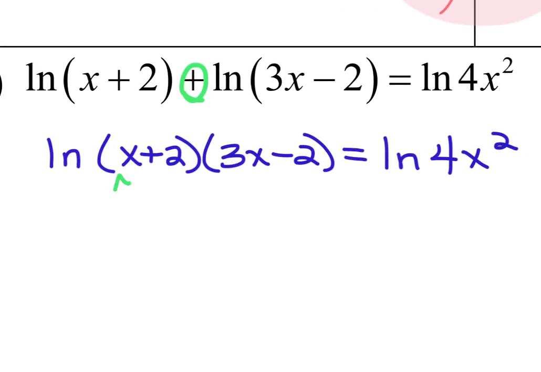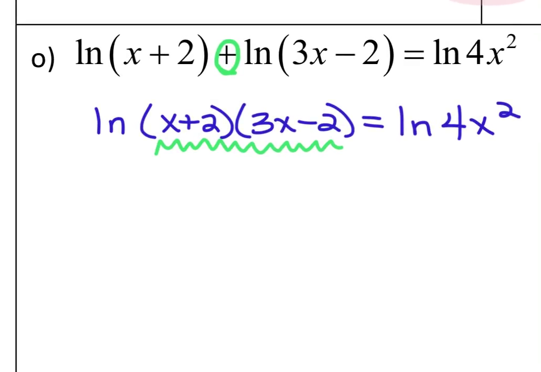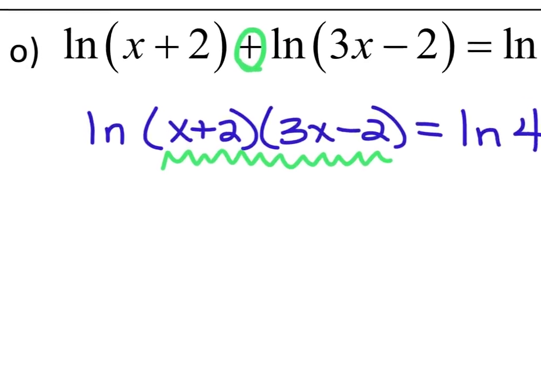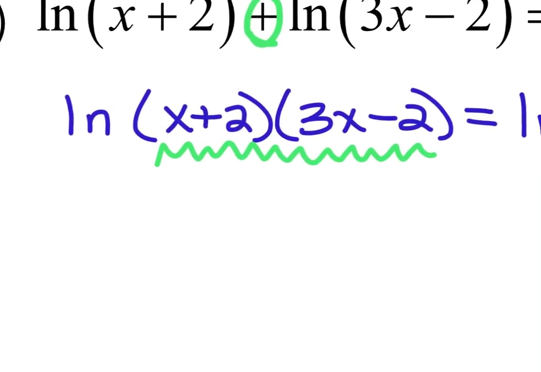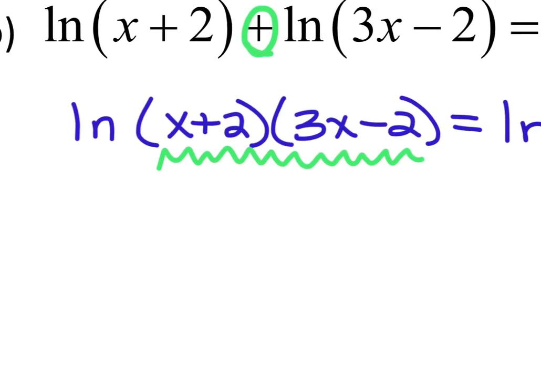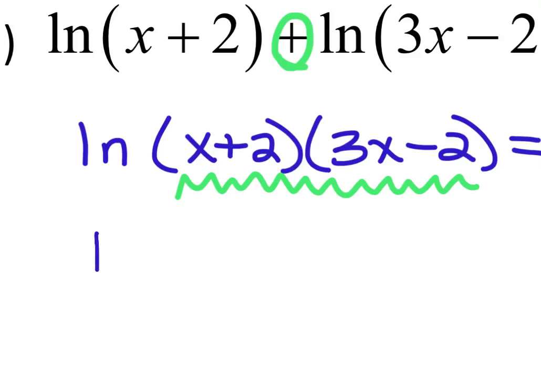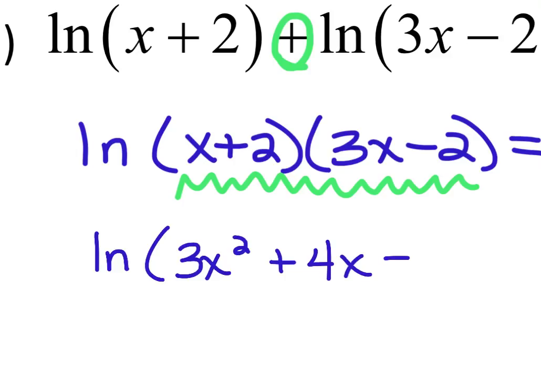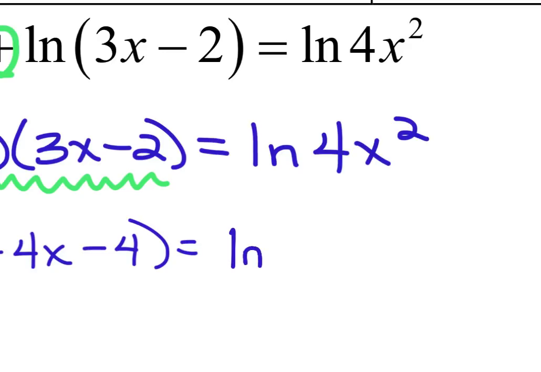Now you're going to need to FOIL x plus 2 times 3x minus 2. So go ahead and start multiplying. And when you have multiplied, you should get ln of 3x squared plus 4x minus 4 equals ln of 4x squared.